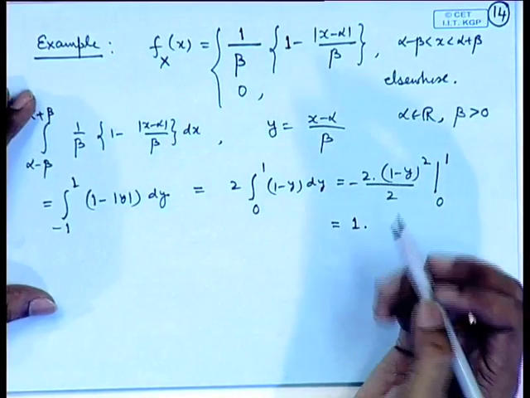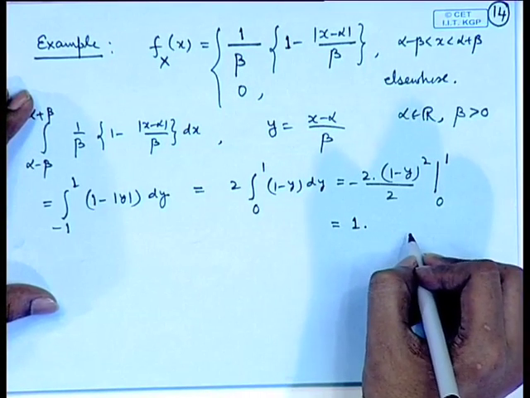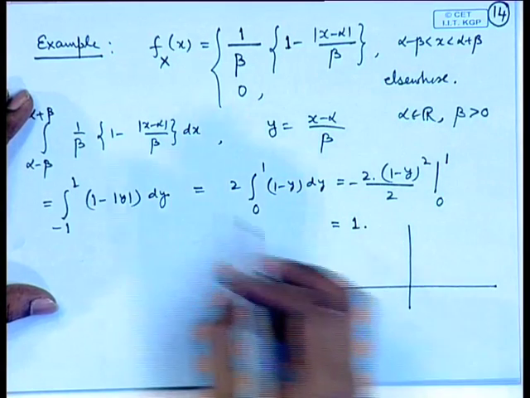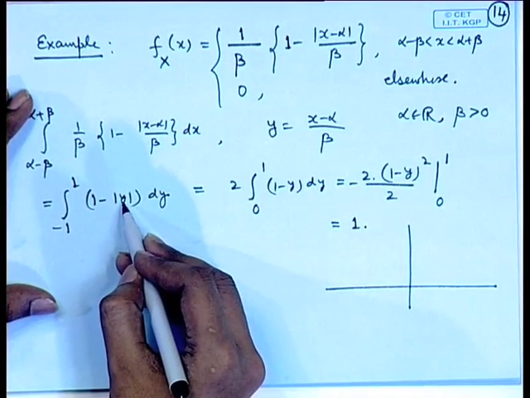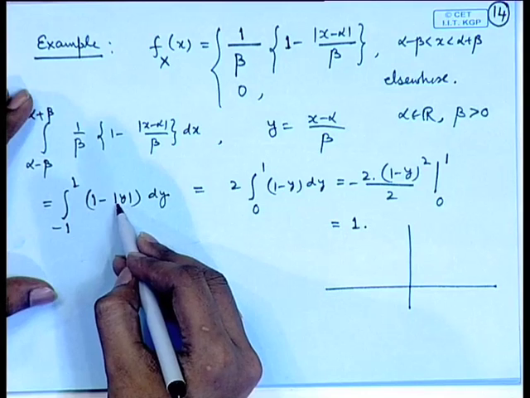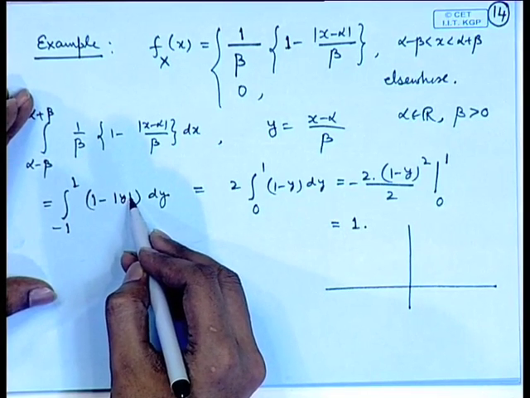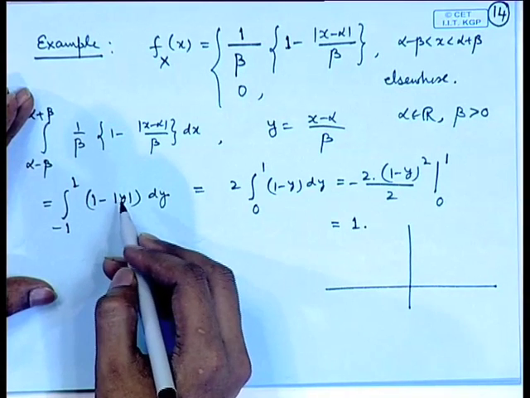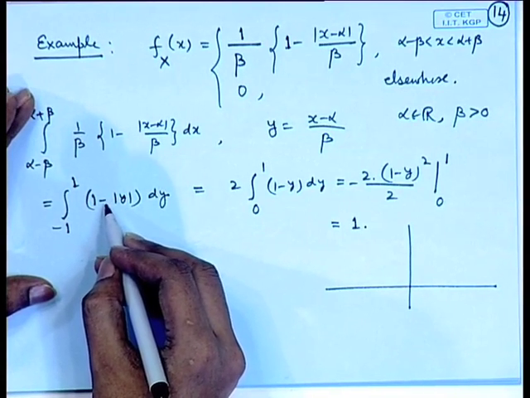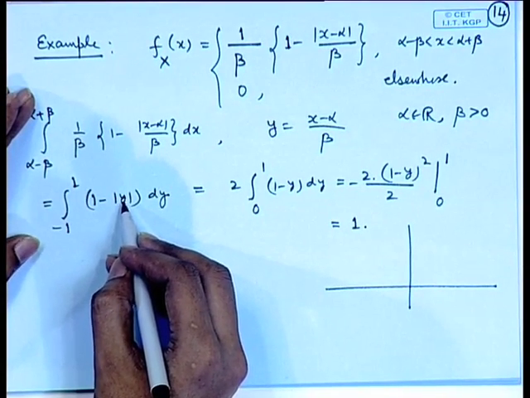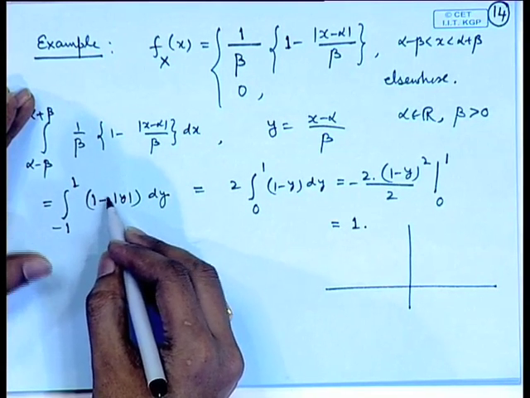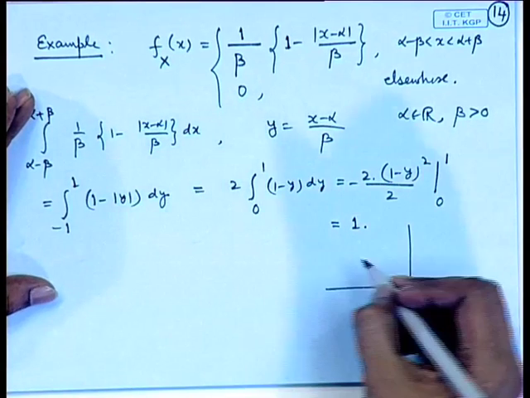If you want to look at the shape of this distribution, we can see that for y positive this is 1 minus y, and for y negative it becomes 1 plus y. So, the value at y equal to plus 1 and minus 1 is 0, and at y equal to 0 it is 1.